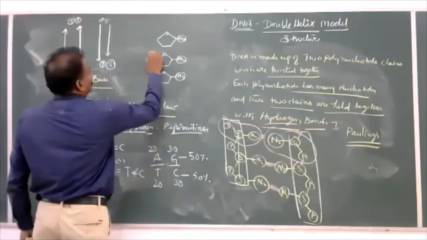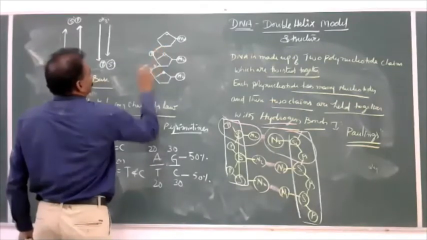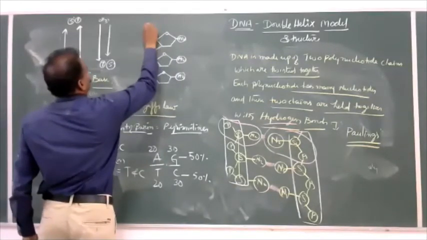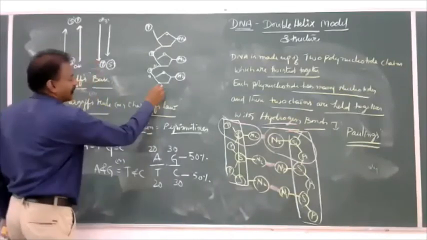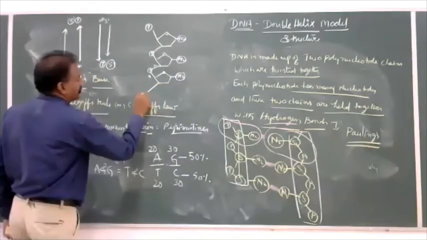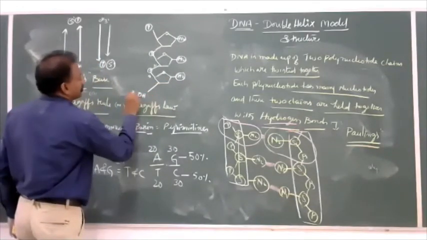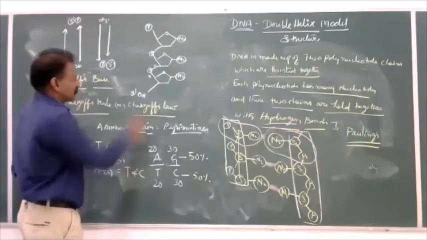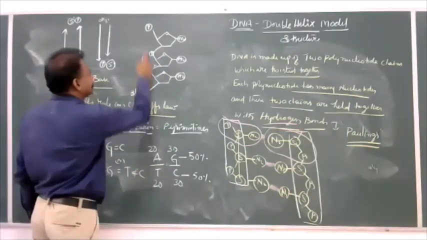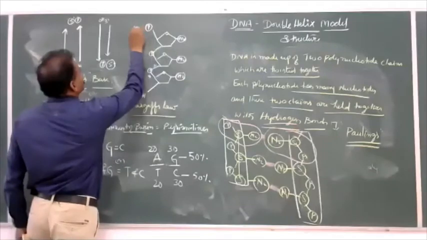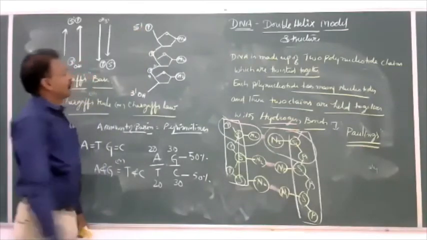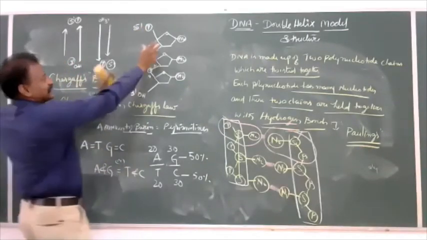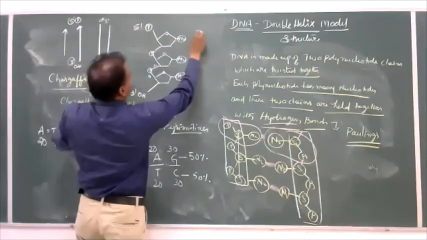Always the third position has an OH group, 3 prime. So the oxygen atom direction is like this, and 5 prime has the phosphate group. The other strand is in reverse.